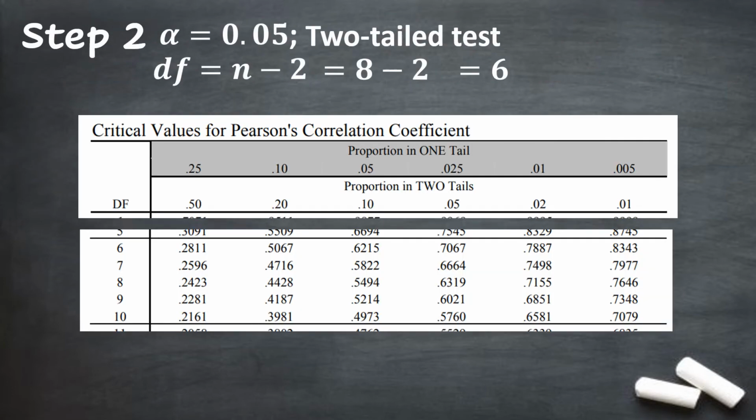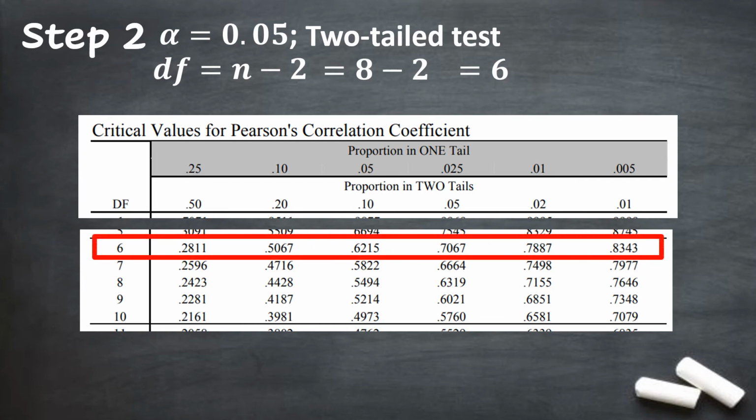Identifying the R tabular, just like what we did in the previous lessons, we have to go back to step 2 and recall the alpha level, the tail test, and the degrees of freedom. Locating the degrees of freedom in the first column, we have 6, and you have to draw an imaginary horizontal line passing through 6.